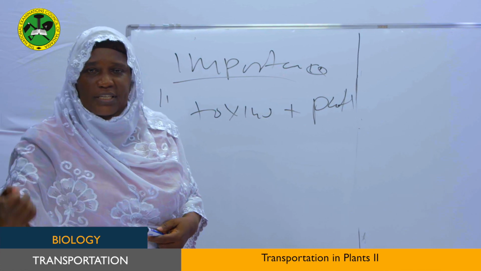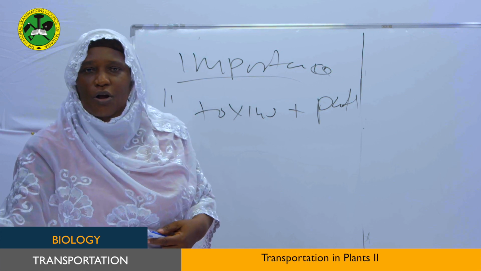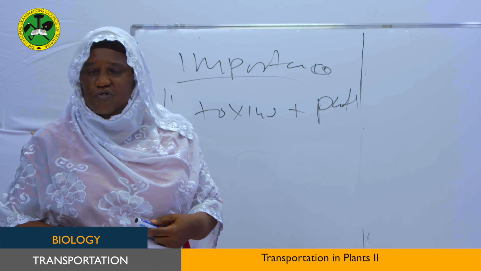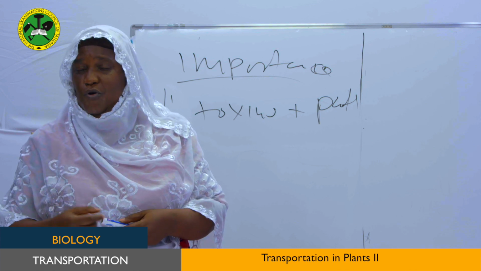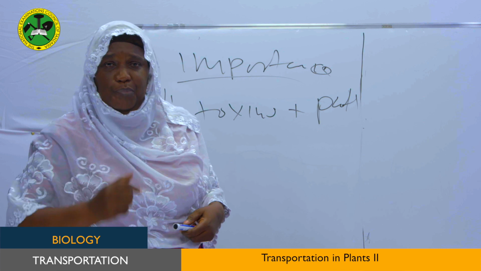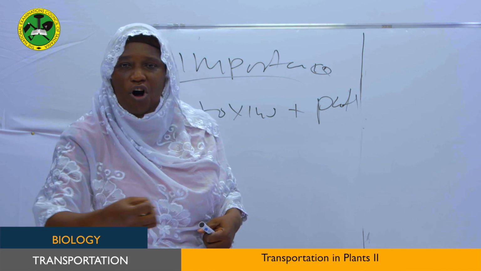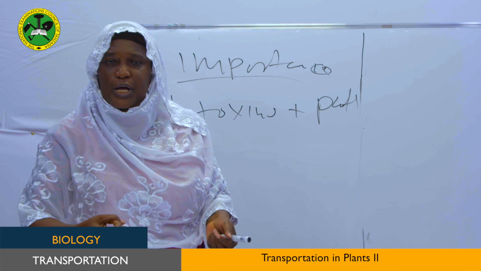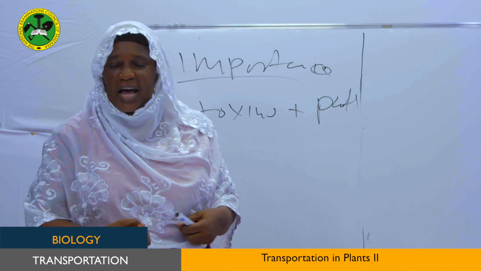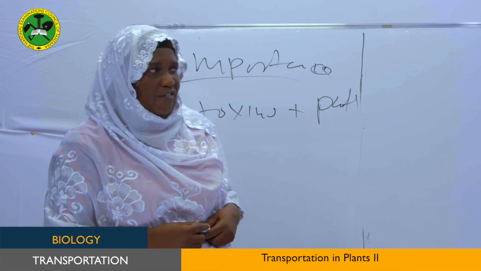Therefore, the contents of the xylem vessel will acquire low water potential due to the presence of mineral salts. That phenomenon is very important to enable it to draw water from the pericycle and other cells. I think you have understood there.